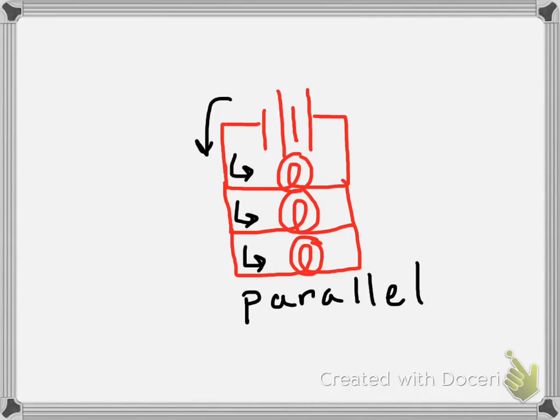Think about your house. Is it wired in series or parallel? Well, in parallel, of course, because if one light bulb burns out, the whole house doesn't shut down. So our houses indeed are wired in parallel. Now you notice the current going back into the battery would be the same as the current leaving the battery because it adds back together again.